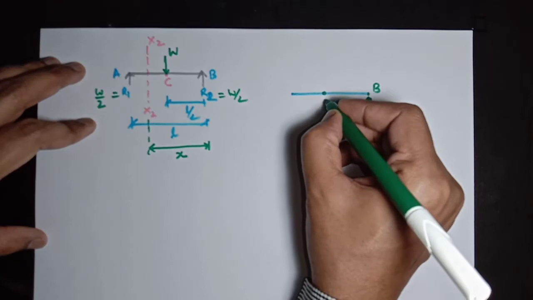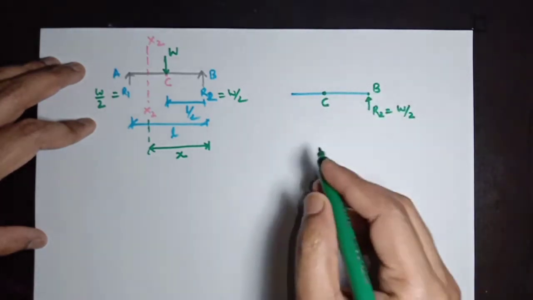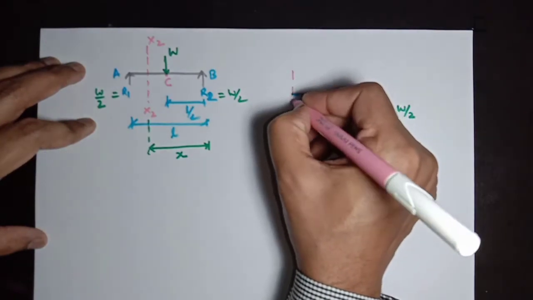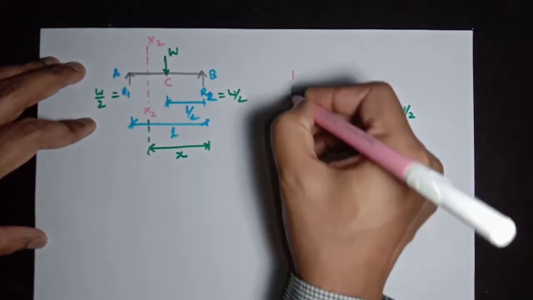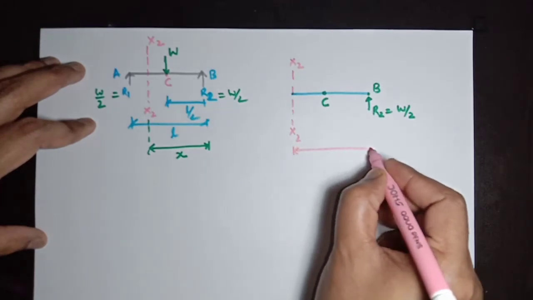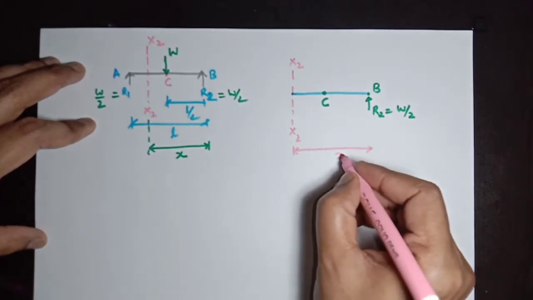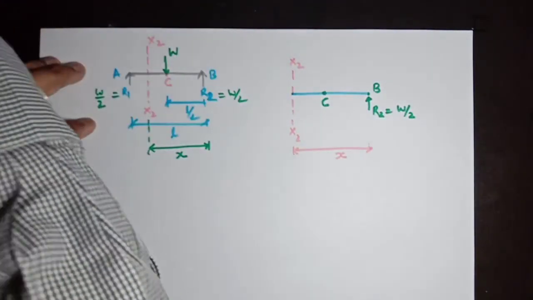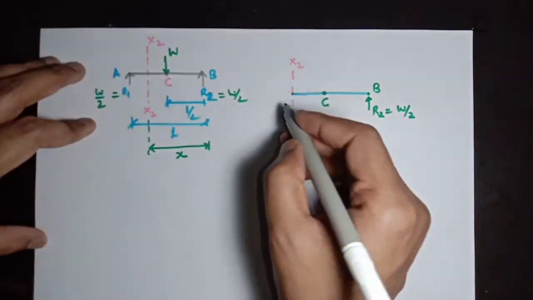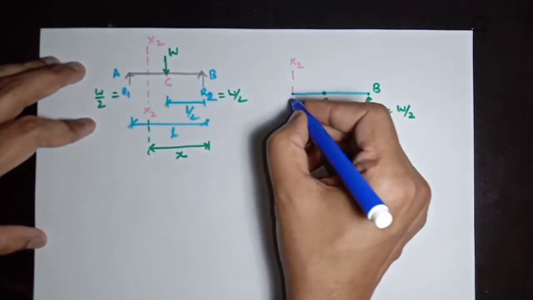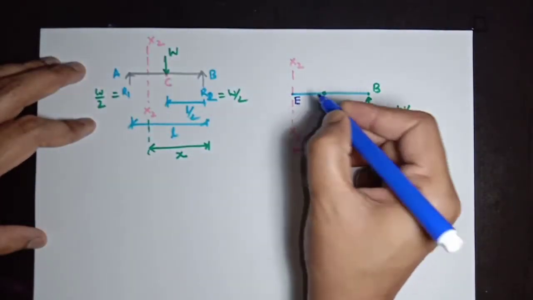Here point is C, and there is a section x2 acting here, which is at a distance of x from point B, and we are going to denote this point with point E.